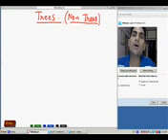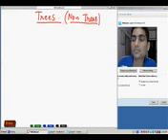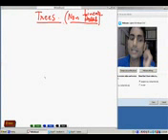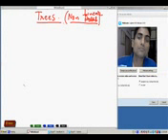Now what is the difference between linear and non-linear data structures? In a linear data structure, the elements are arranged in a linear fashion. For example, you have seen in arrays, queues, linked lists, and stacks, the elements are arranged in a linear fashion after one another.